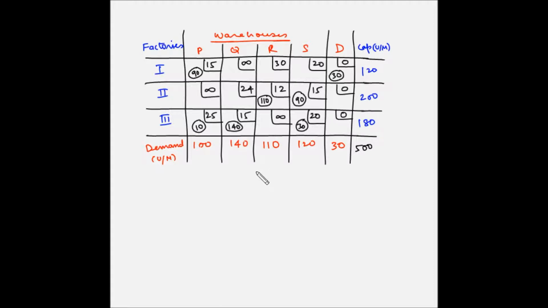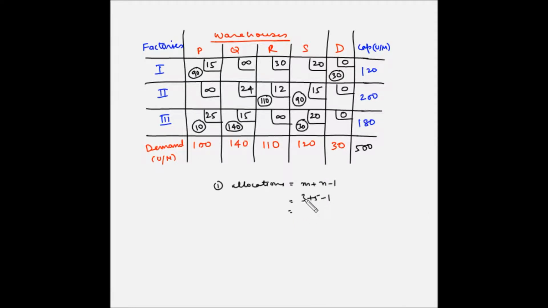Now there are two conditions for testing for acceptability. The first one is that the allocations should be equal to m plus n minus 1. M is the number of rows, n is the number of columns. So here we have 3 rows and 5 columns.